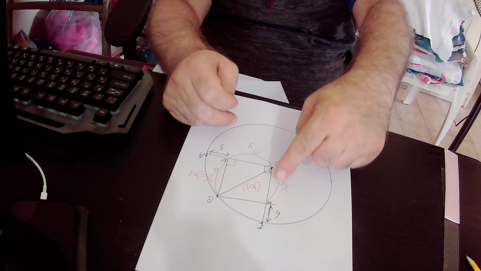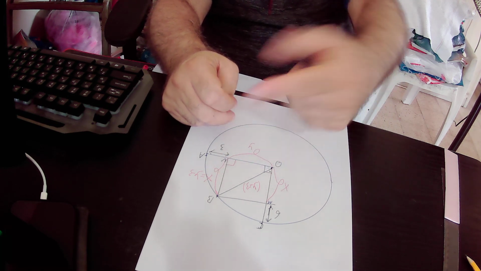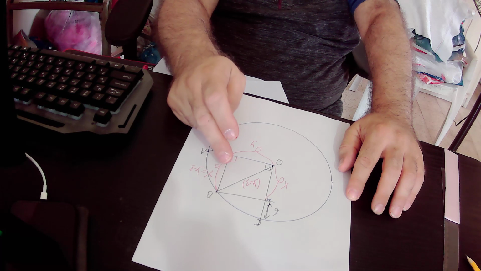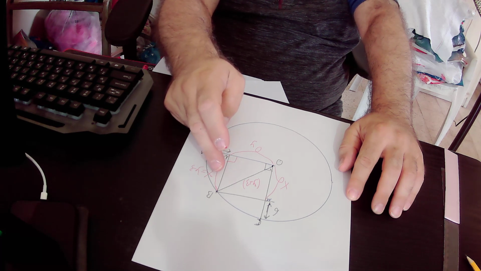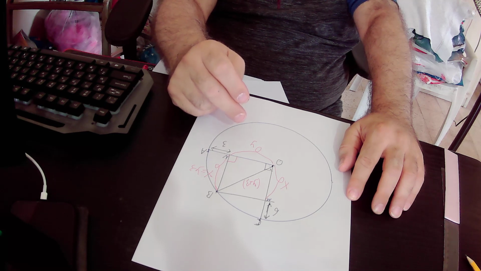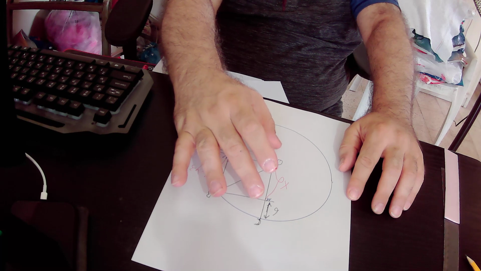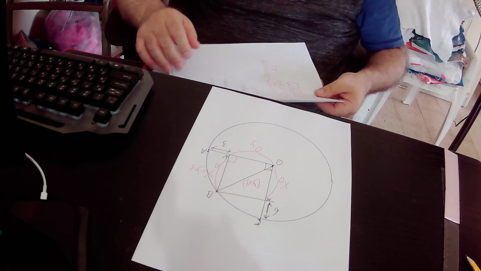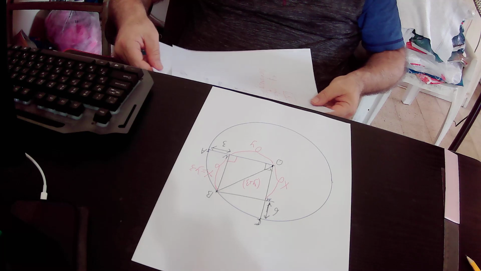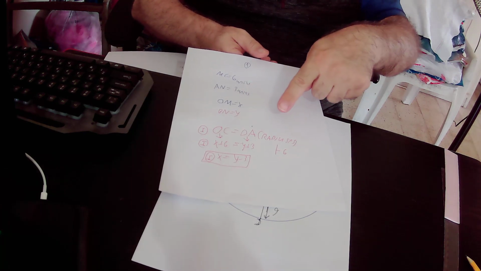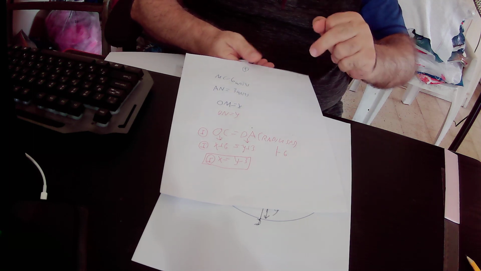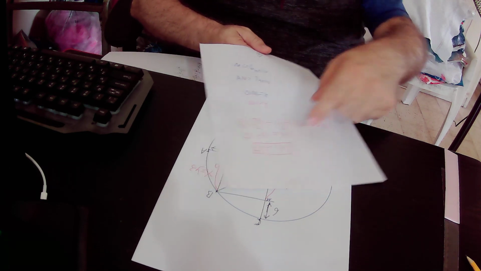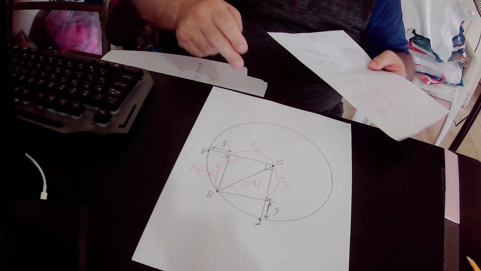So if this side is X, then this side of this square is also X. So this side of the right triangle is Y, and this side is X. But we know that OC equals to OA, both of them equal to the radius of the circle, but OC equals to x plus 6 and OA equals to y plus 3.